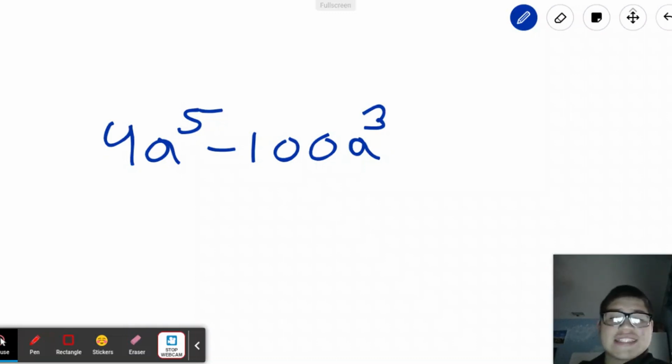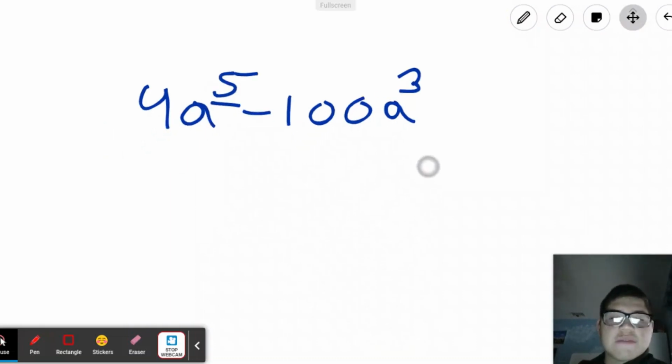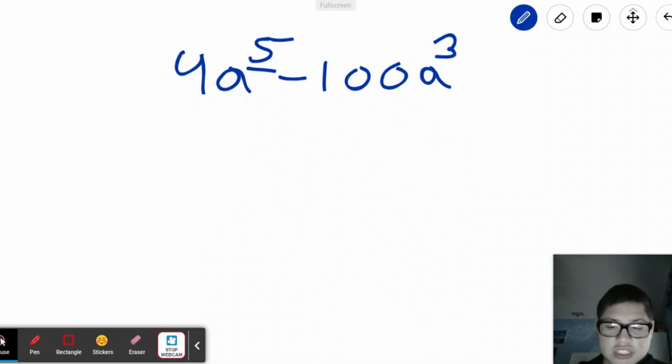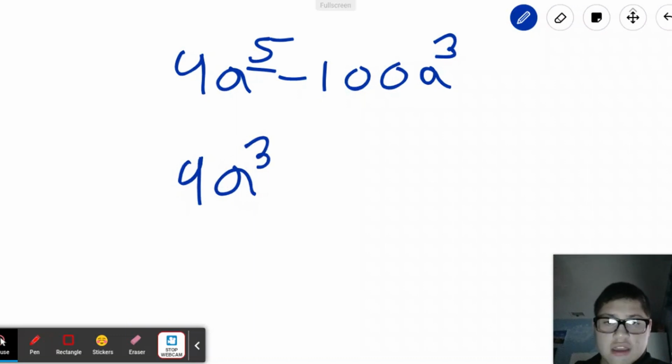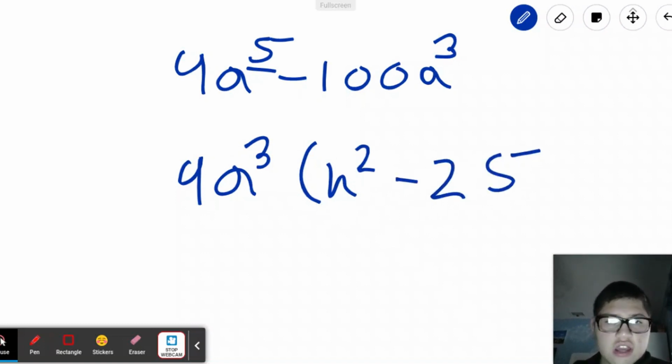I do understand this concept maybe from separating 2 variables from each other. One example is I could solve it like this, where I can find 2 ways, probably by dividing 4a cubed and having a squared minus 25.